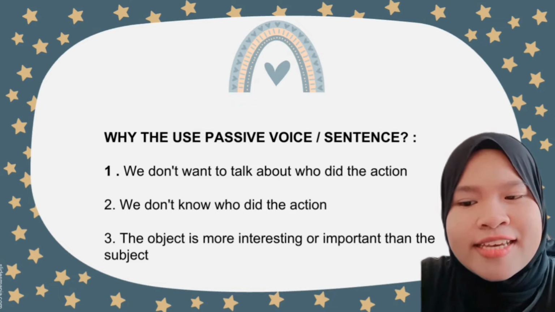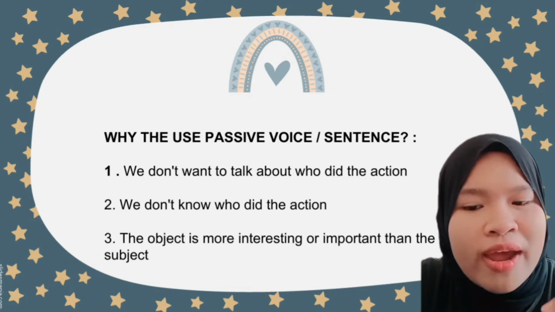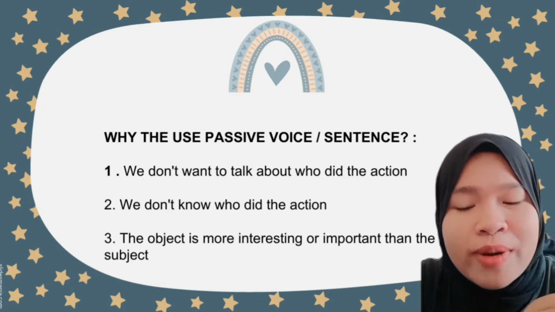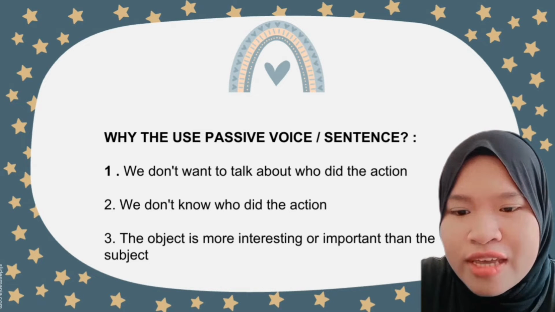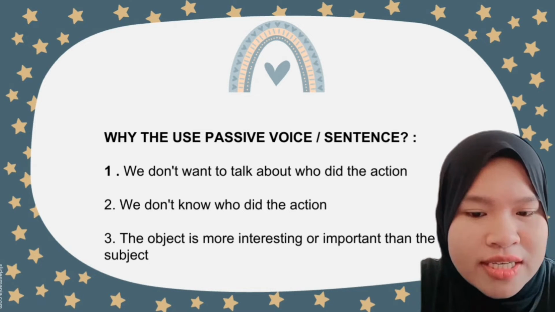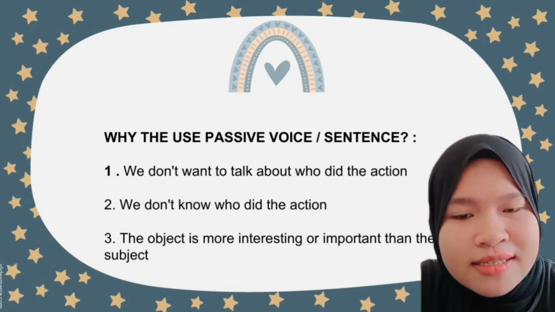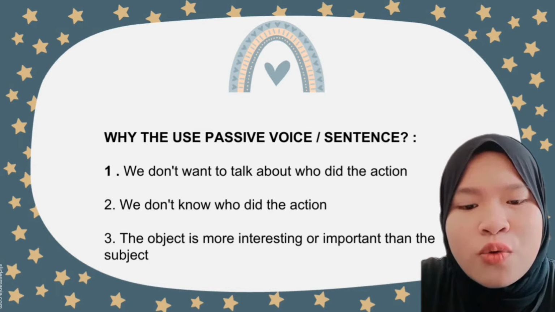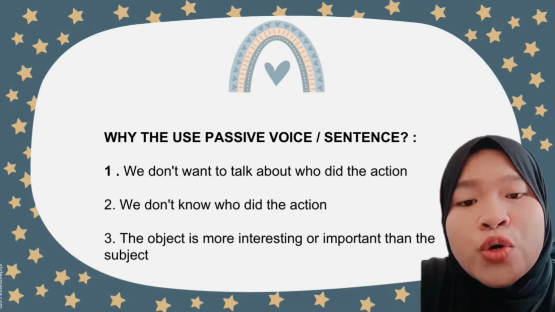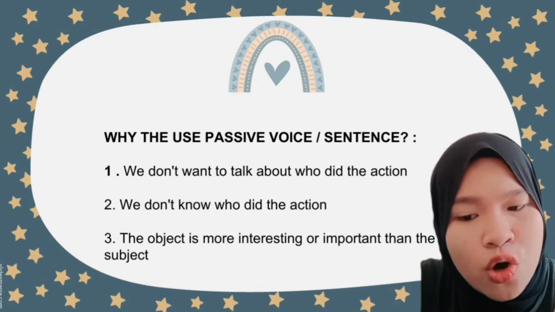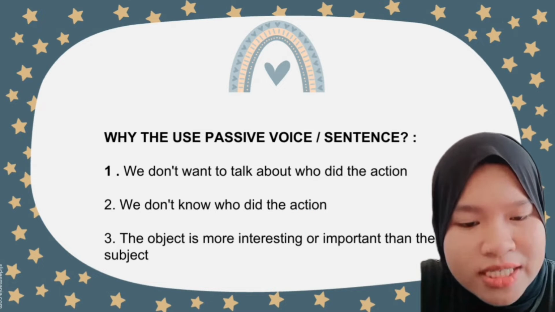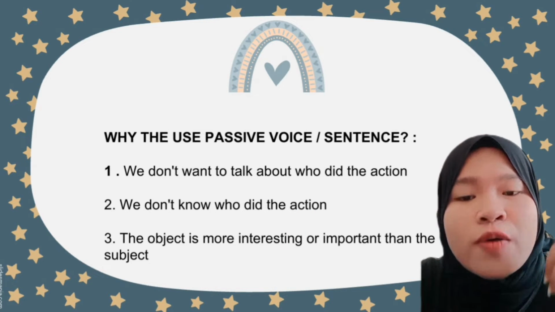Okay, next. Why do we have to use passive sentences or passive voice in everyday life? There are several reasons why we should use the passive voice. The first is that we don't want to talk about who did the action, so we don't focus on the person but on what happened to the object.